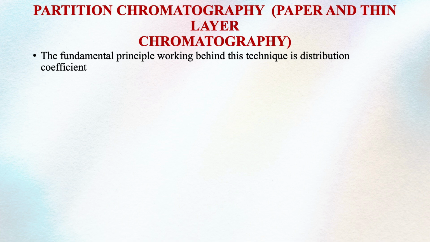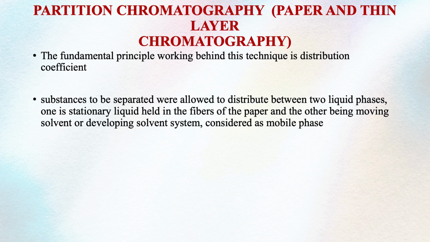Here, as I said, the principle of separation is the distribution coefficient. The sample is going to be distributed in between two liquid phases. The first liquid phase is the stationary phase, and since I am saying paper and also a liquid phase, if you practically imagine taking a tissue paper and dipping it in water, what will happen?